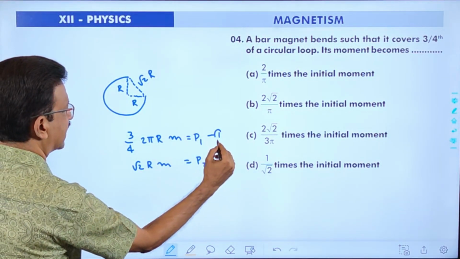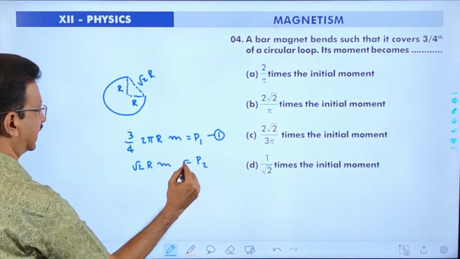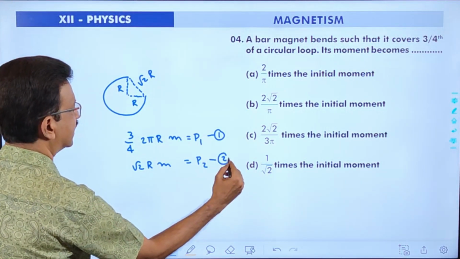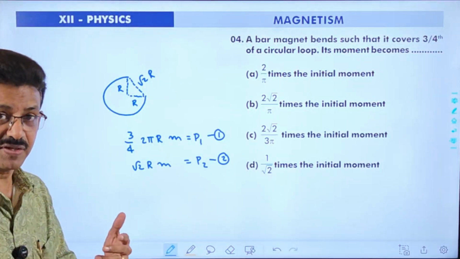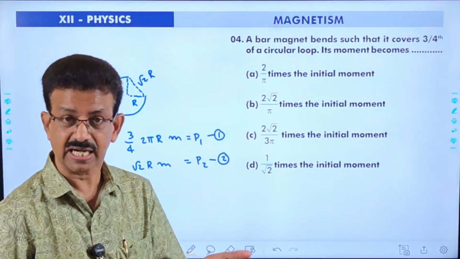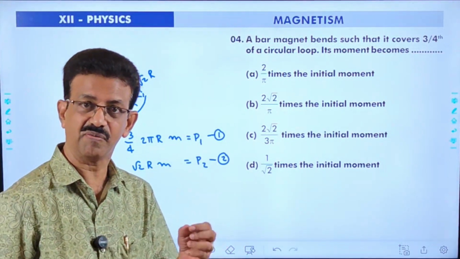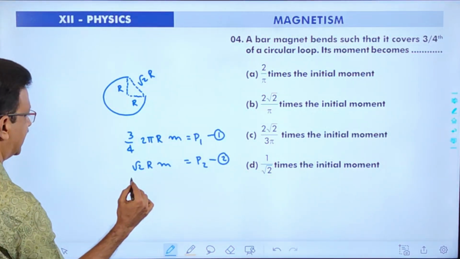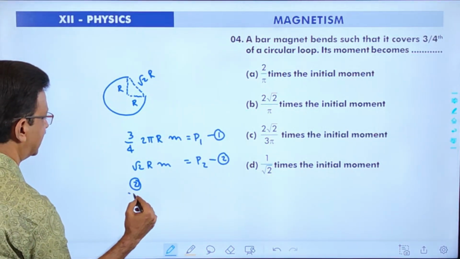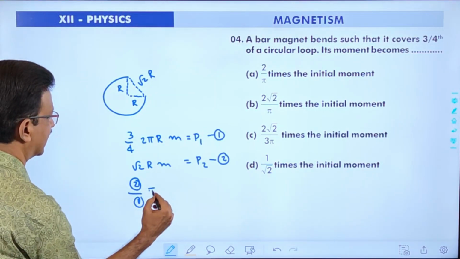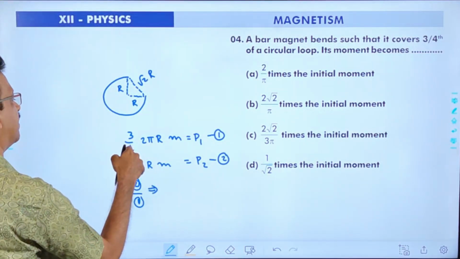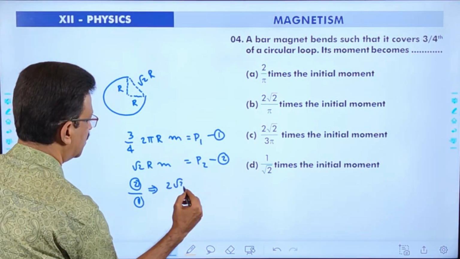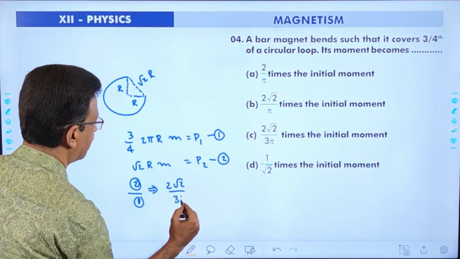In the first case, 3/4 of 2 pi r into pole strength. In the second case, √2r into pole strength. Now the question is, after bending, the moment becomes how many times the initial? Therefore, we divide equation 2 by equation 1: √2r divided by 3/4 of 2 pi r, which gives 2√2 by 3 pi.